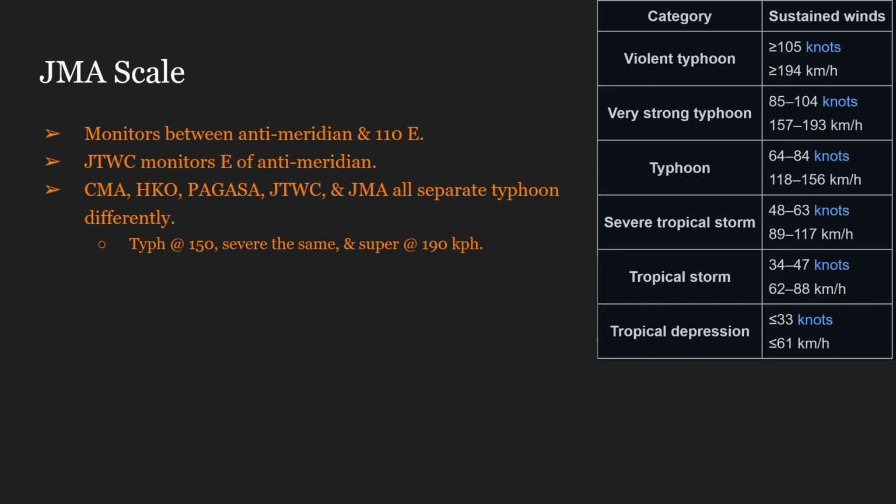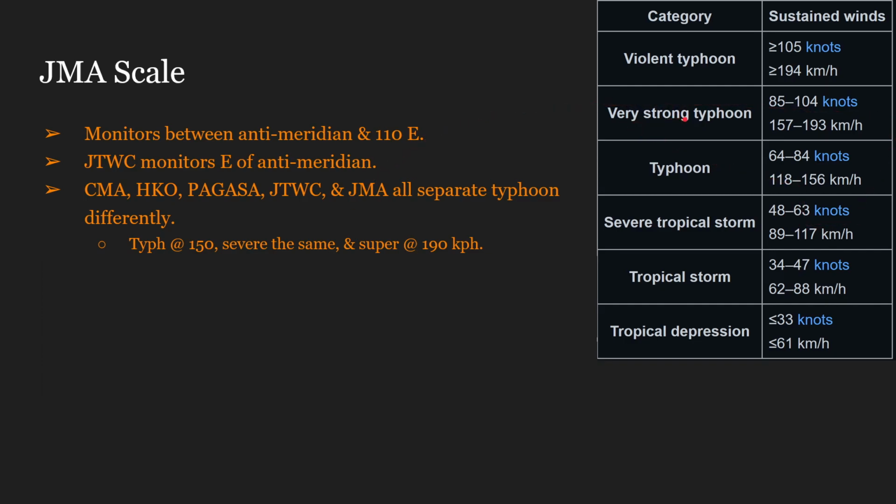The CMA and HKO are the Chinese Meteorological Agency and Hong Kong Observatory, which use the same scale. PAGASA is the Philippines Weather Service, JTWC, and the JMA. So looking at the CMA and HKO, their typhoon status actually ends at 150 kilometers per hour instead of 156.